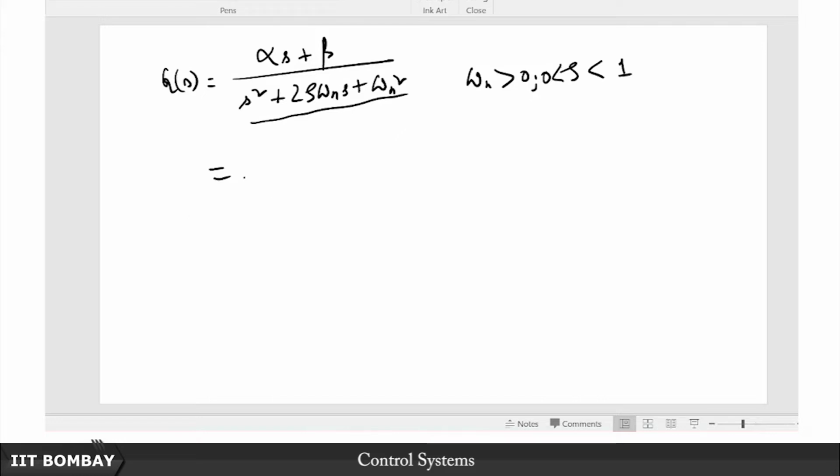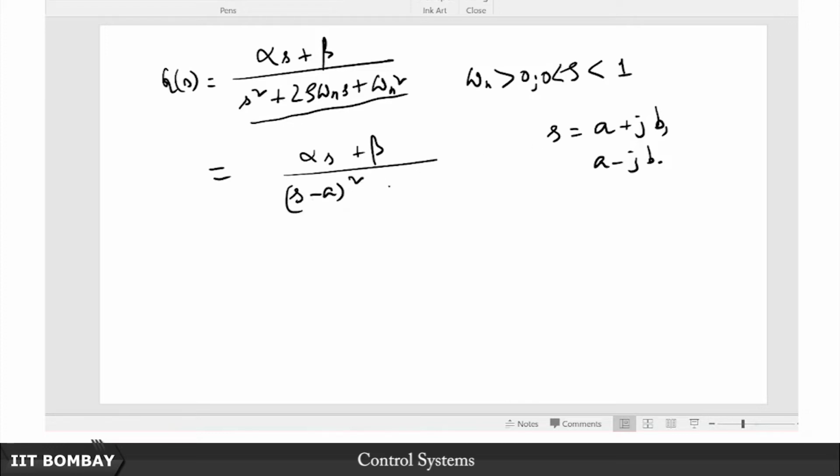Of course you can do something here. What you can immediately do is the method of completing squares. If the poles are s equal to a plus jb and a minus jb, then you can write this denominator as (s minus a) whole squared plus b squared.